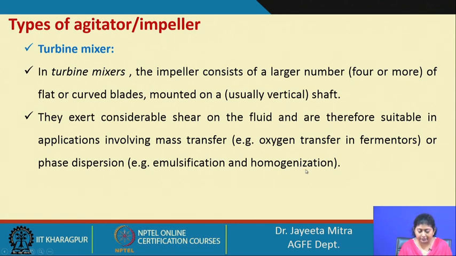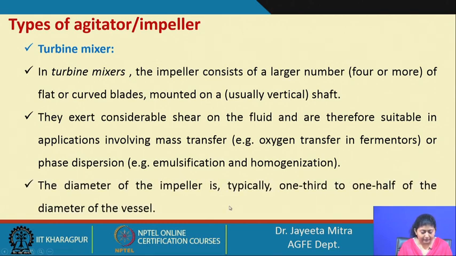That is why homogenization is different: it initiates the particle mixing as well as the size reduction. Now, the diameter of the impeller is typically 1/3 to 1/2 of the diameter of the vessel or tank diameter, especially in the case of this turbine mixer.